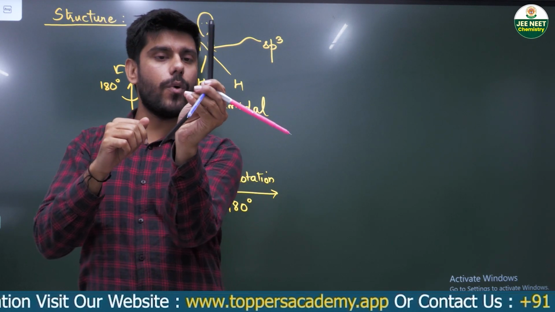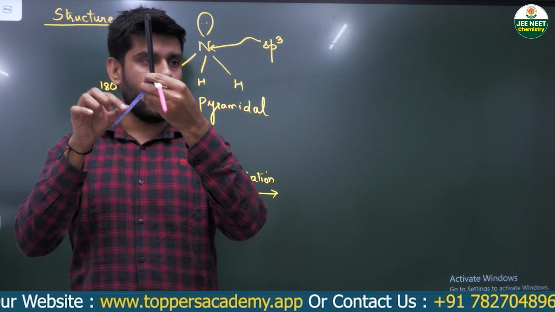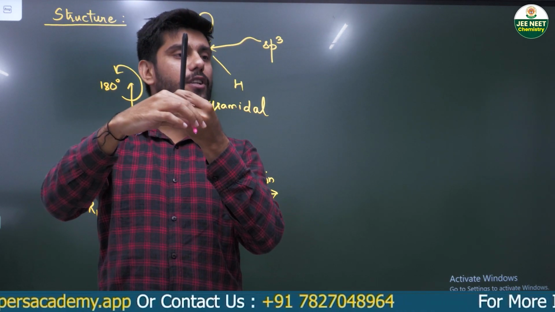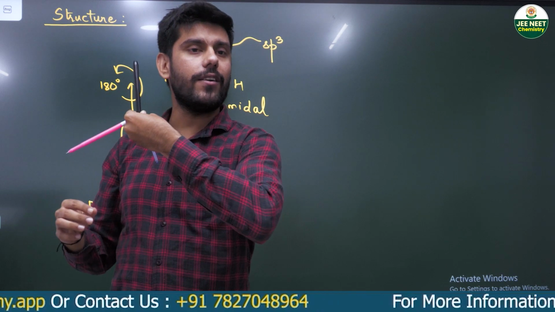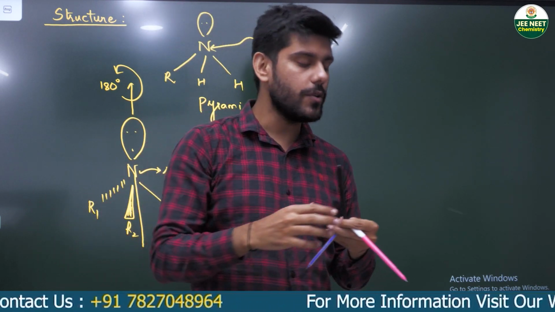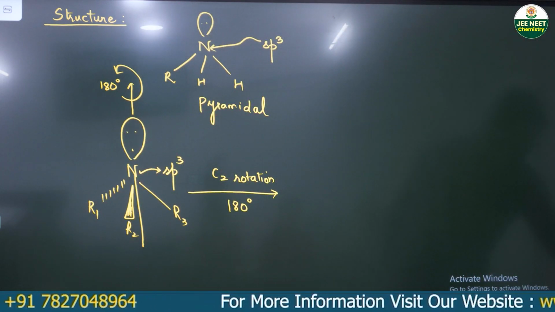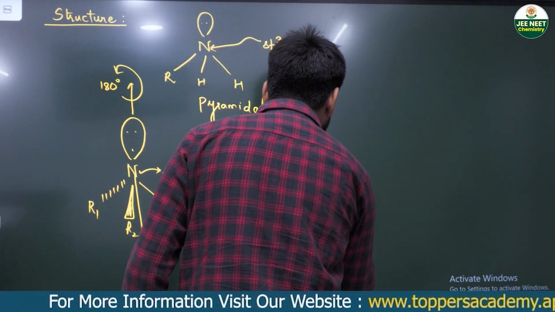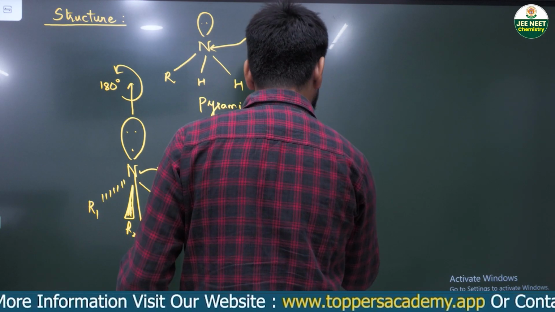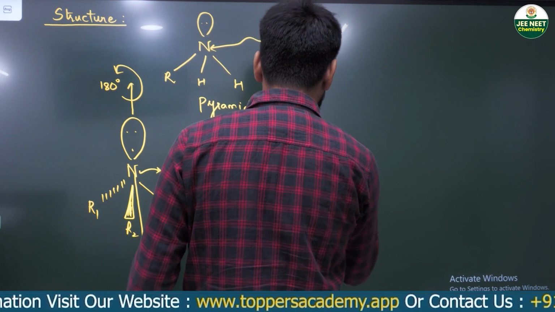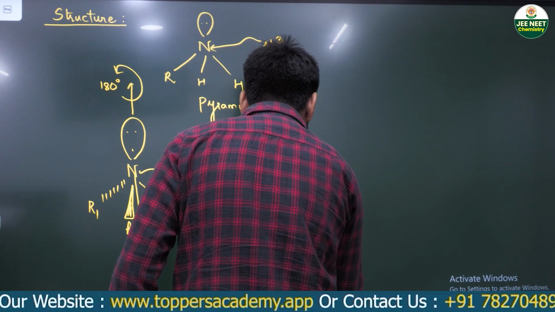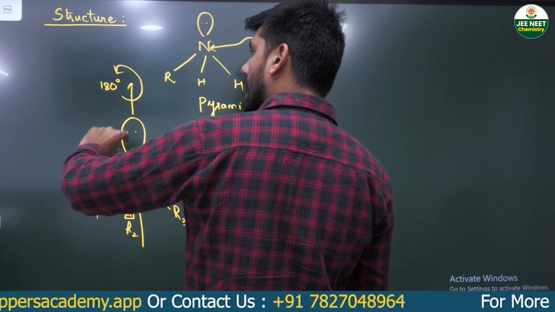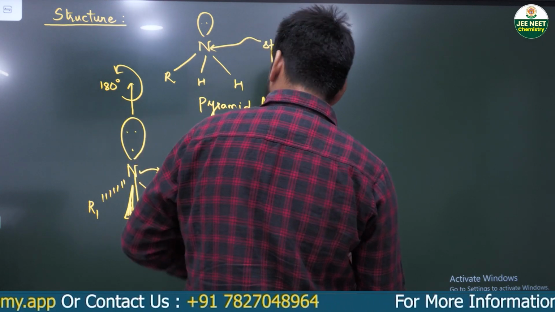If I rotate it by 180, can I say this one will come to this side, and the one which is at the back will come to the front? Yes or no? So when I rotate it by 180 degrees, this is your lone pair of electrons, and this becomes your R3. The one which was at the back comes to the front.